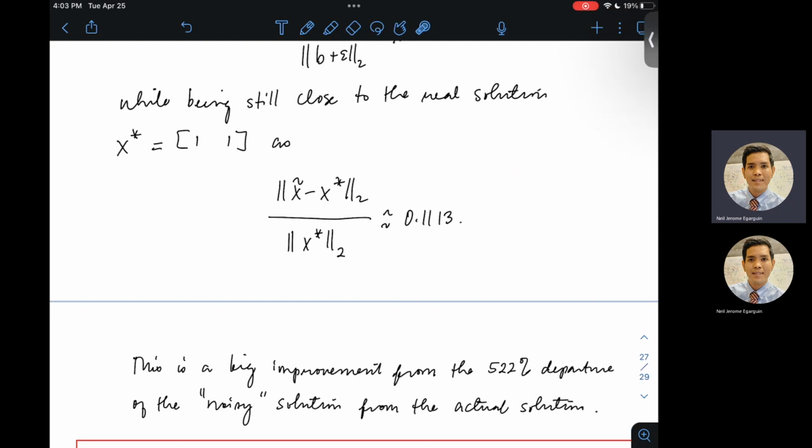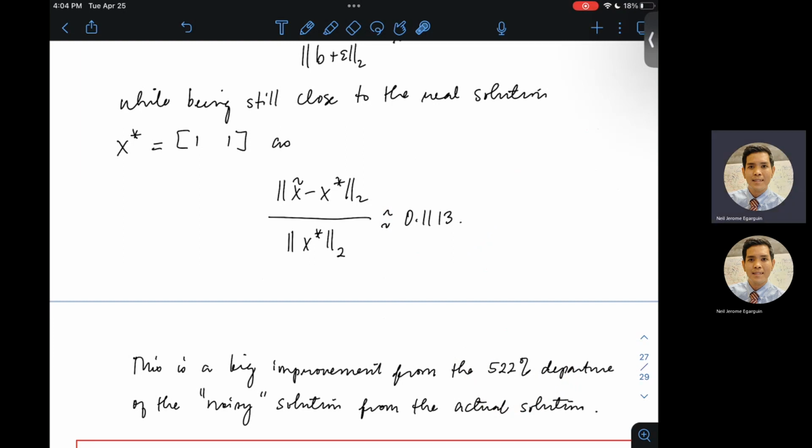So the 1.05% noise just changed the solution that we obtained by 11%. And this is quite a big leap from the previous result. Remember, without regularization, the 1.01% noise caused our solution to deviate by about 522%. Now that 522% is down to only 11%.